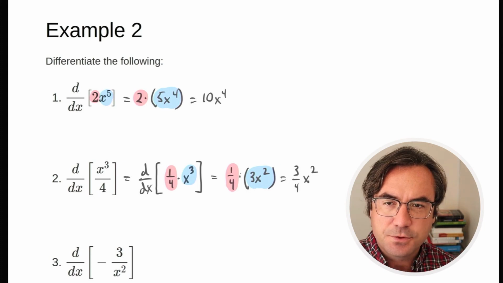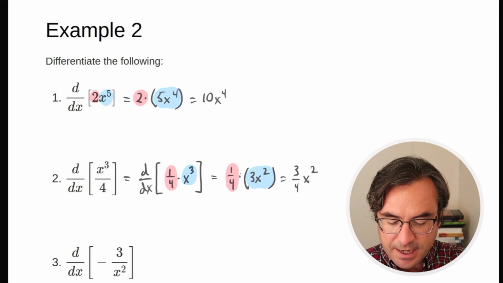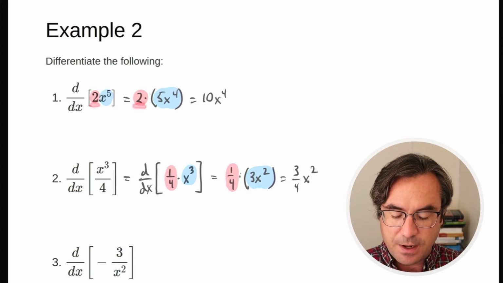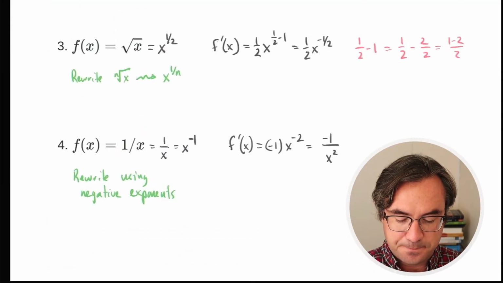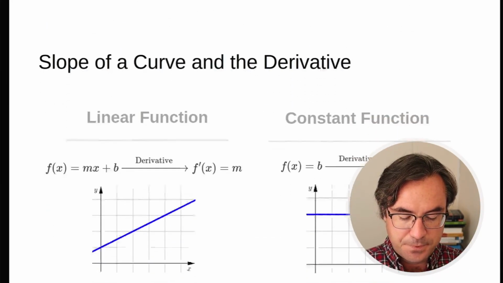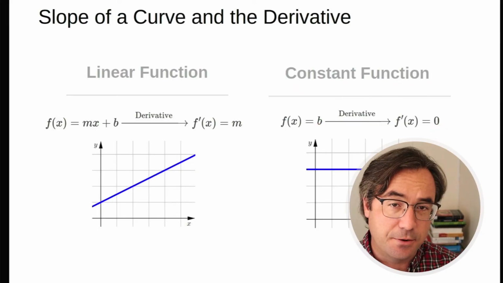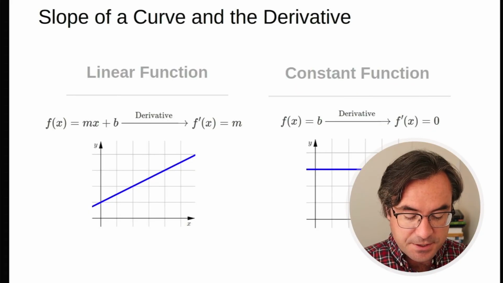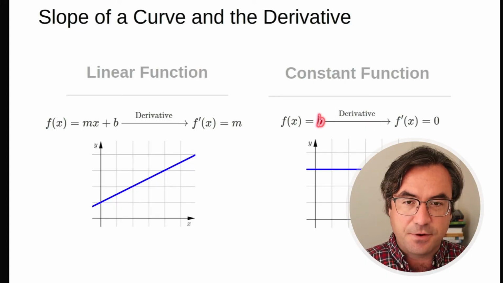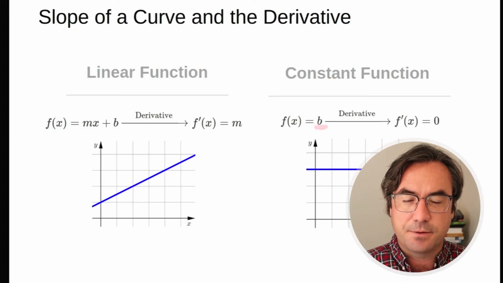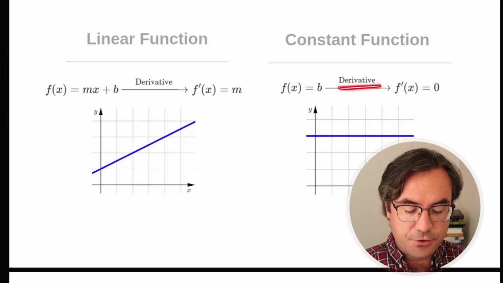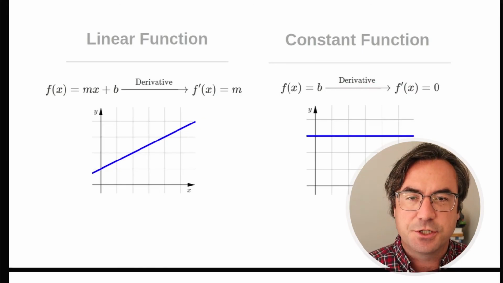Okay, so just one little comment here. Why does the constant multiple stick around when, if we go back to this constant function, a constant differentiates to 0? The difference is that when we're differentiating a constant function, there's no variable. Remember, a derivative is measuring how much our function's changing.